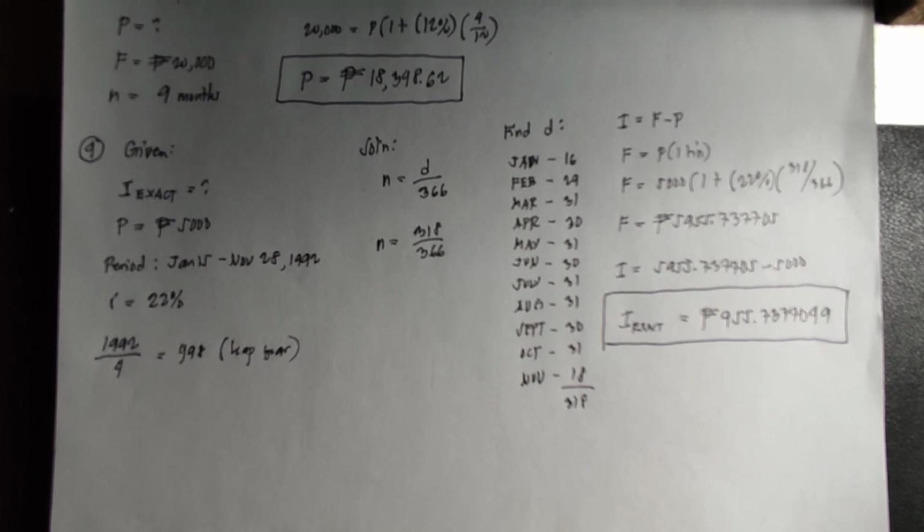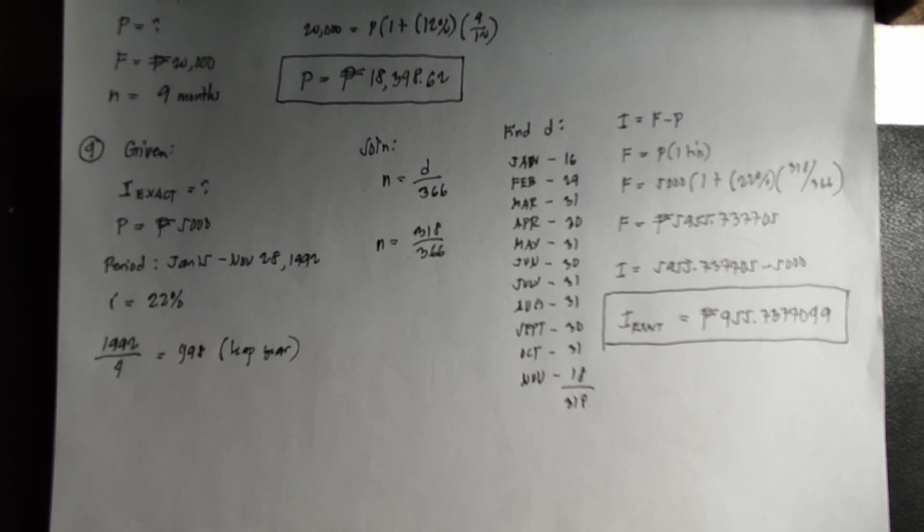We will tally all the days covered between January 15 and November 28, 1992. We will list January 16, February 29, March 31, April 30, May 31, June 30, July 31, August 31, September 30, October 31, November 18.